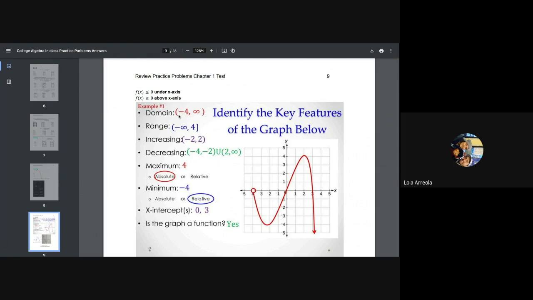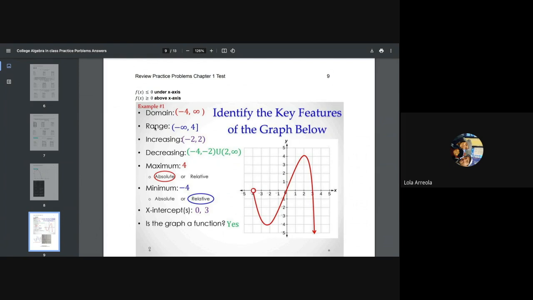Open circle, that's why we have parentheses. And then infinity, we always write parentheses. So that one's kind of tricky. You want to say 3, but really there's an arrow and it's going past 3, and it's going to go past several more numbers because it's going towards infinity.